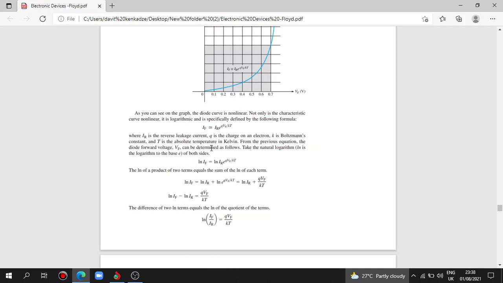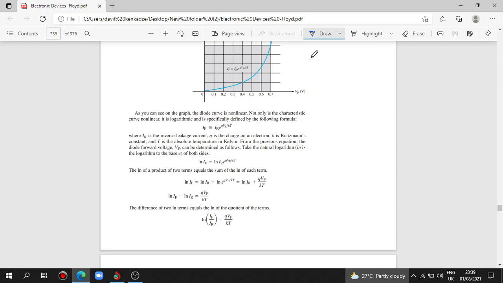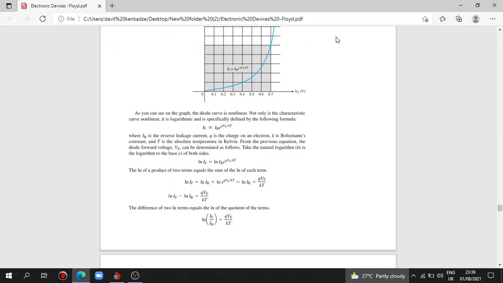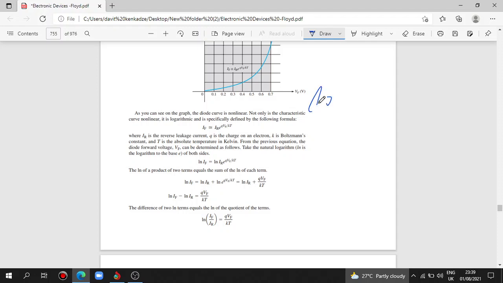If we take ln of both sides, we have the logarithm characteristics, where adding two logarithms means multiplication, and that's what is used here, right in this part.